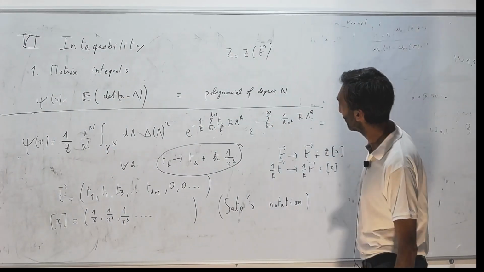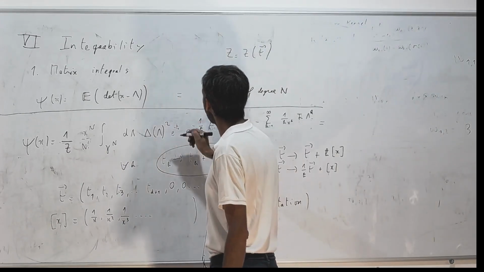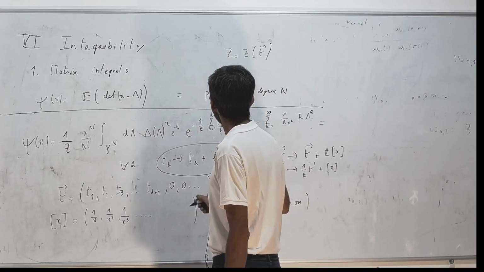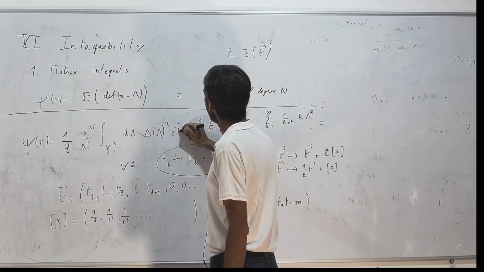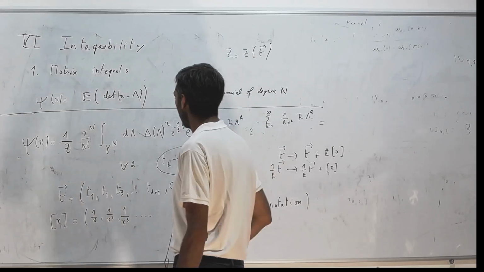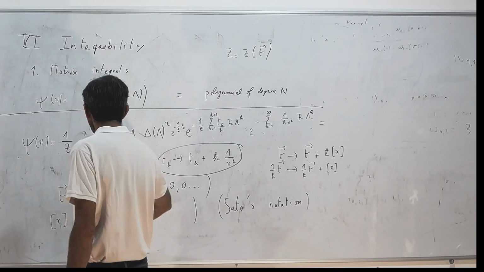So let me call it minus 1 over h bar t0, and the t0 will be log x.